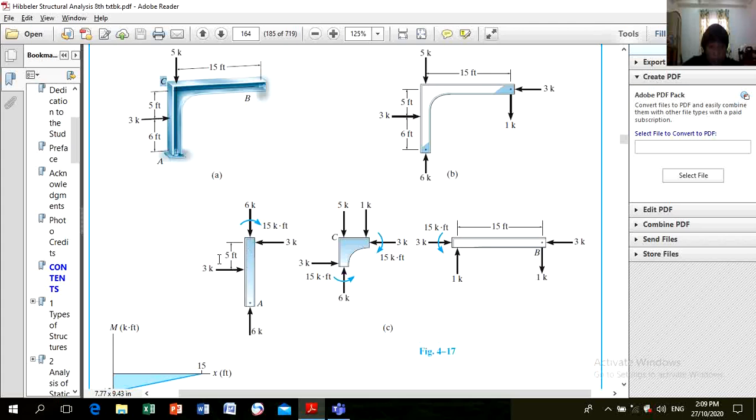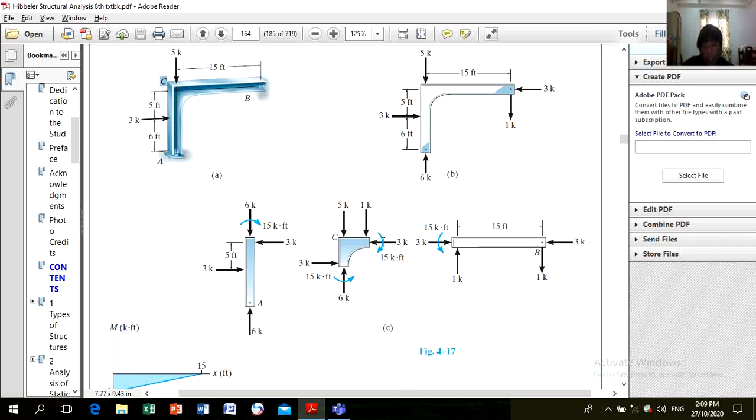Then the moment is 15, how? Summation of moment here is 3 times 5, so it's 15. Whatever reaction you calculated here, you can just adapt here, but you need to reverse the direction. Why do you need to reverse? So that when you return it, it will be in equilibrium. So here is 3, then 6, and the moment. Summation of forces along Y is 5 plus 1 minus 6, which is 0.